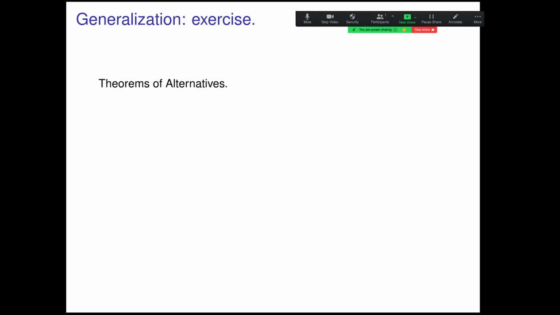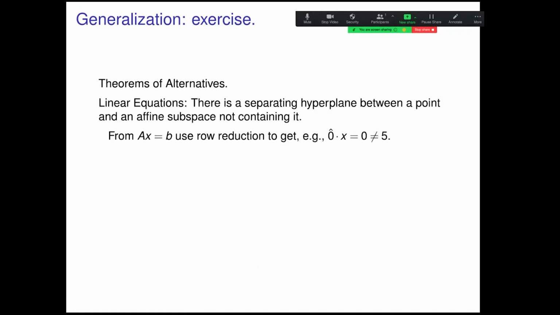That's the dual problem. The primal is to try to find a solution to linear equations. To prove that there might not be one, you want to add up the linear equations to get 0. So here you use row reduction to get the 0 equation times x, and then the right-hand side, b, is not 0.